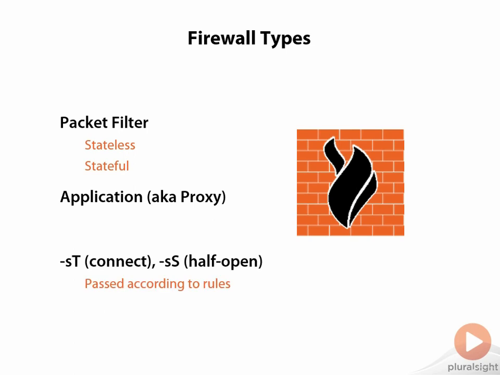Before we go any further, let's discuss connect and half-open scanning. Since both of these scan types utilize standard TCP packet streams, all firewall types react according to their rule sets. That is, if a target port is allowed by the firewall rules, the traffic is passed through. There's nothing unusual with these scan types. We'll discuss the other scan types and how they are handled by the three firewall types in the subsequent discussion.